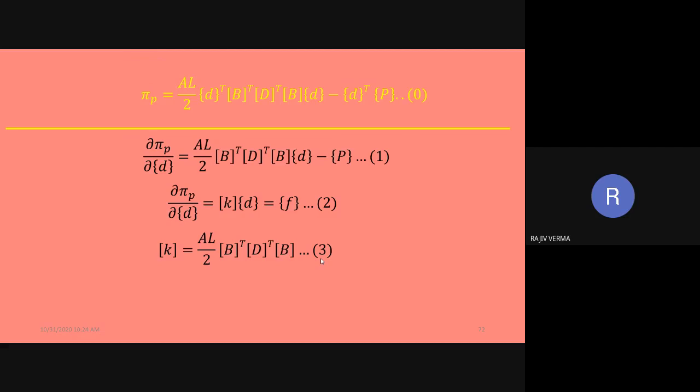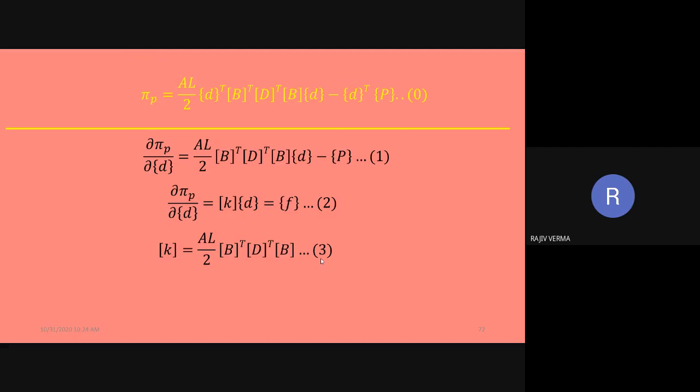And the other thing, which is going to be apparent when you look at equation number 3: if you talk about an isotropic homogeneous material, D is a symmetric matrix which obviously represents the properties of the material.